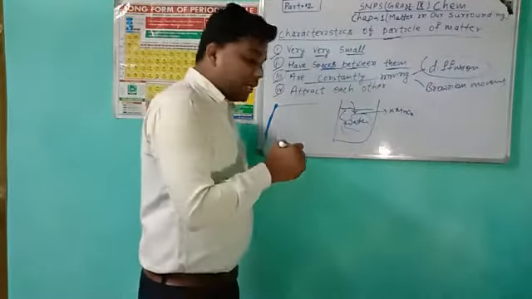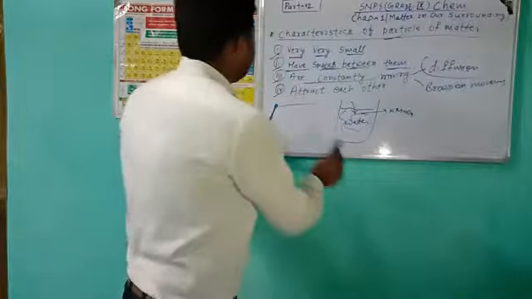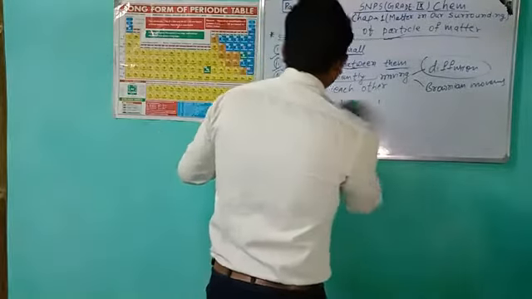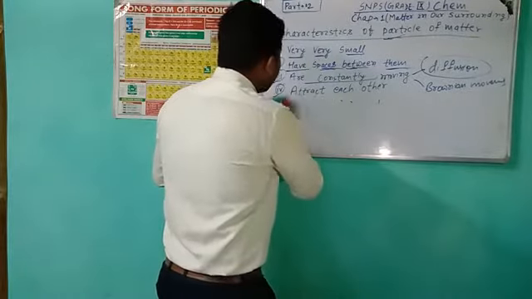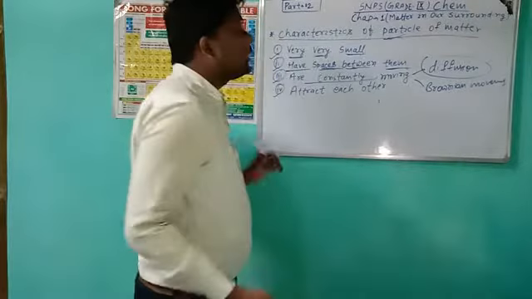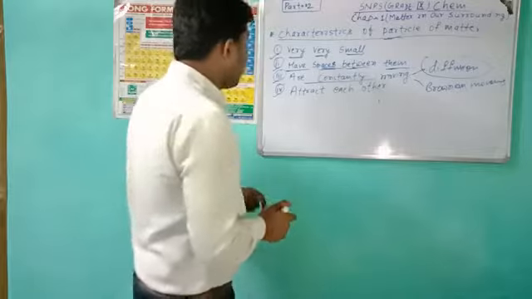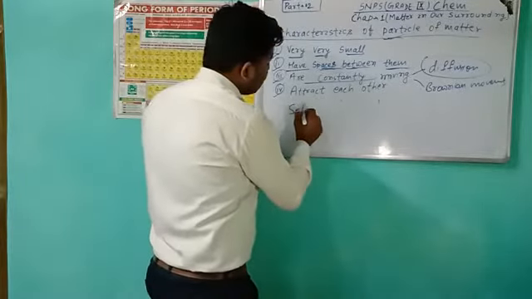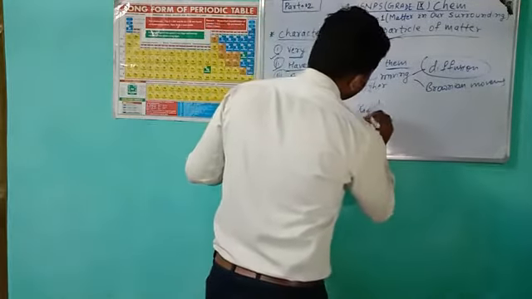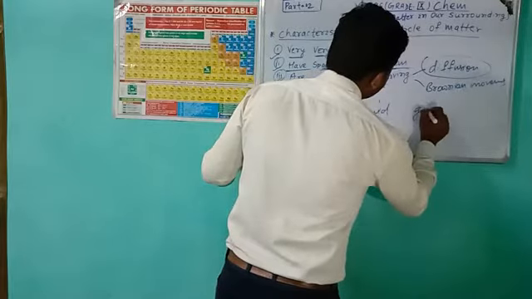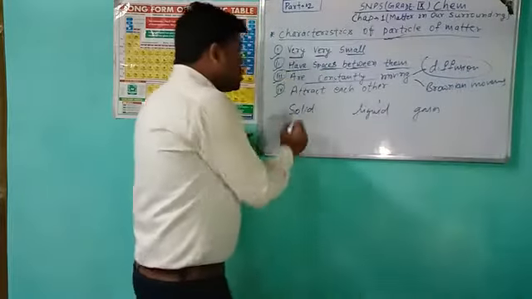Again, what is the last characteristic? The last characteristic is that the particles of matter attract each other. This is all about intermolecular forces, which we will talk about in solids, liquids and gases.